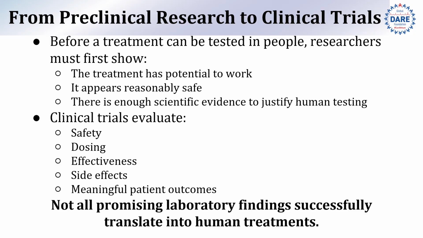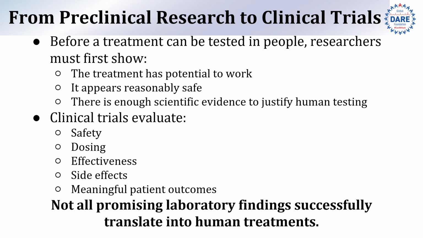Once a treatment shows promise in preclinical research, the next major step is clinical trials and other clinical research, but scientists and researchers can't move straight into testing in humans. First, they need evidence that the treatment has the potential to work, appears reasonably safe, and has enough scientific support to justify human testing.